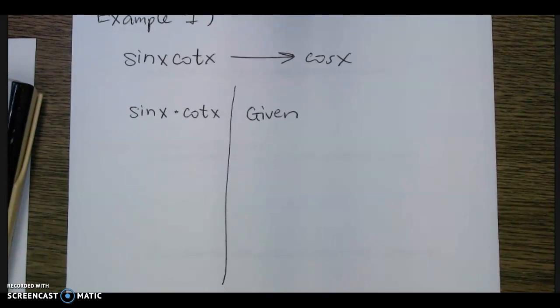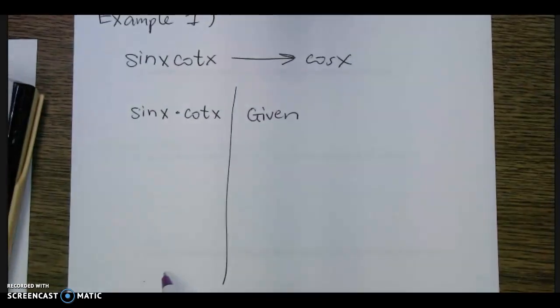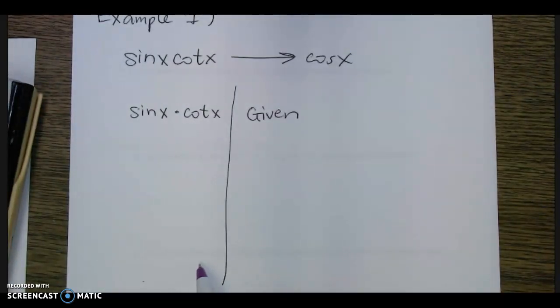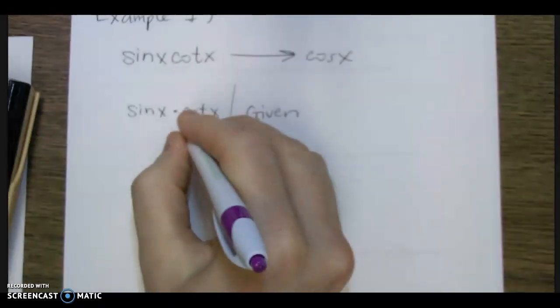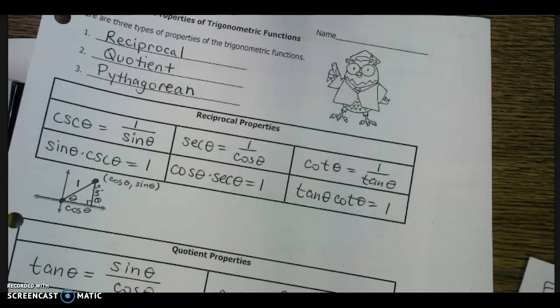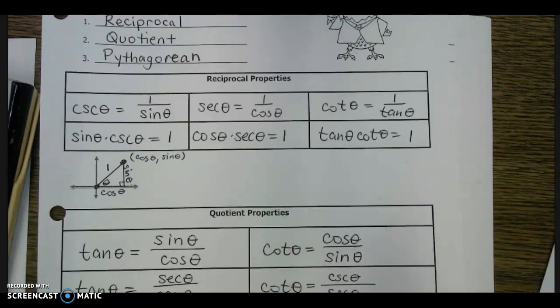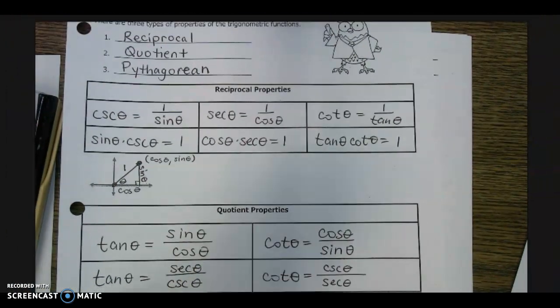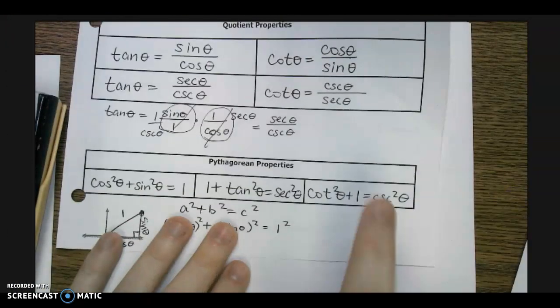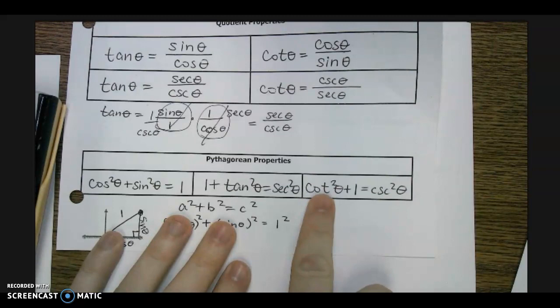Now at the very end, we're going to end up having cosine as our concluding statement. That's what they want. We have to figure out how to get there. So the first thing I'm going to do is change cotangent into its quotient property. So why am I doing that? Well, first of all, it's not squared, so I'm not going to use cotangent squared.